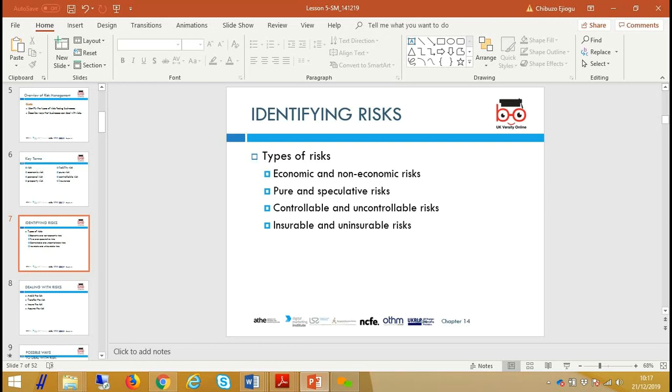So for instance, if you are operating a business, you can run the risk of a natural disaster or flood or earthquake or whatever, and your factory is destroyed. You can measure how much your assets cost and how much you've lost. Right? That's an economic risk.